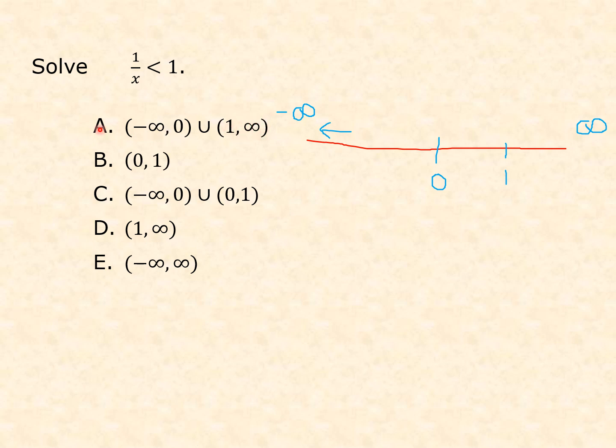Okay, so the answer is A, because all the numbers lie in these regions. That means less than 0 but not including 0, and larger than 1 but not including 1, all satisfy the condition 1 over x less than 1.